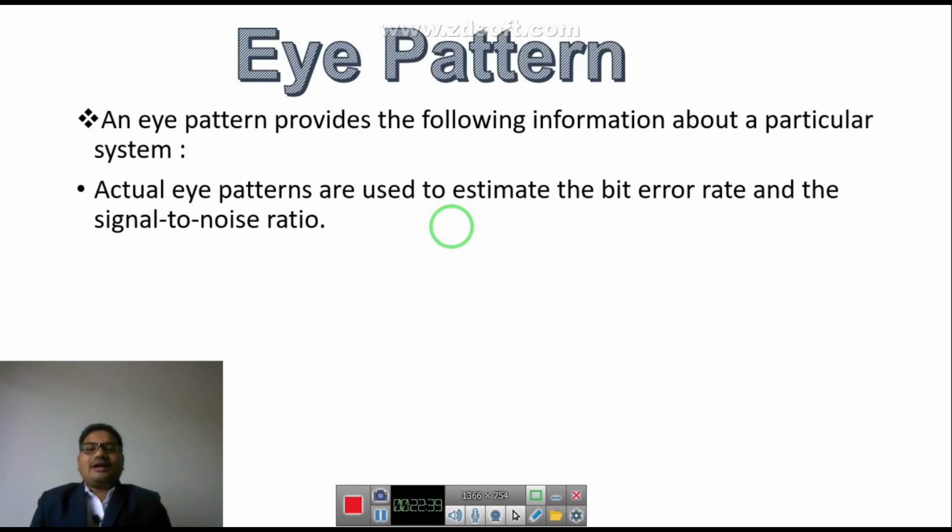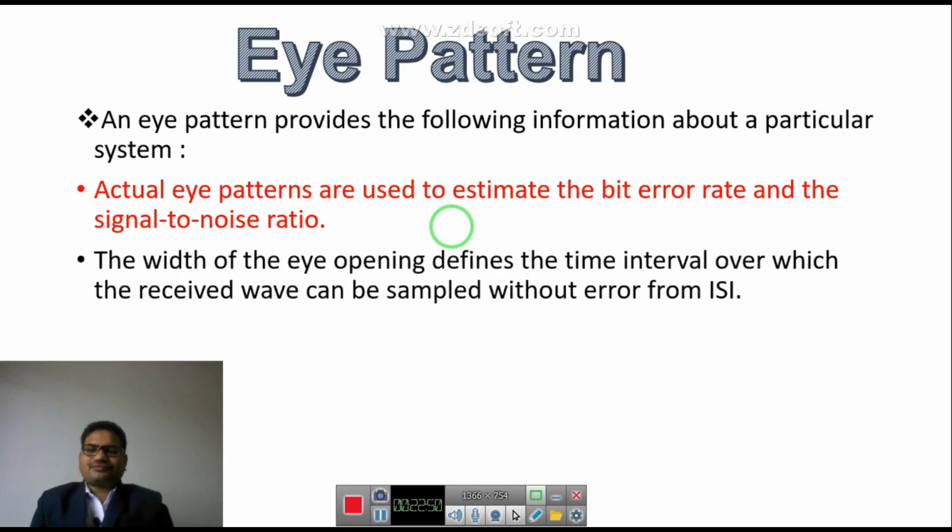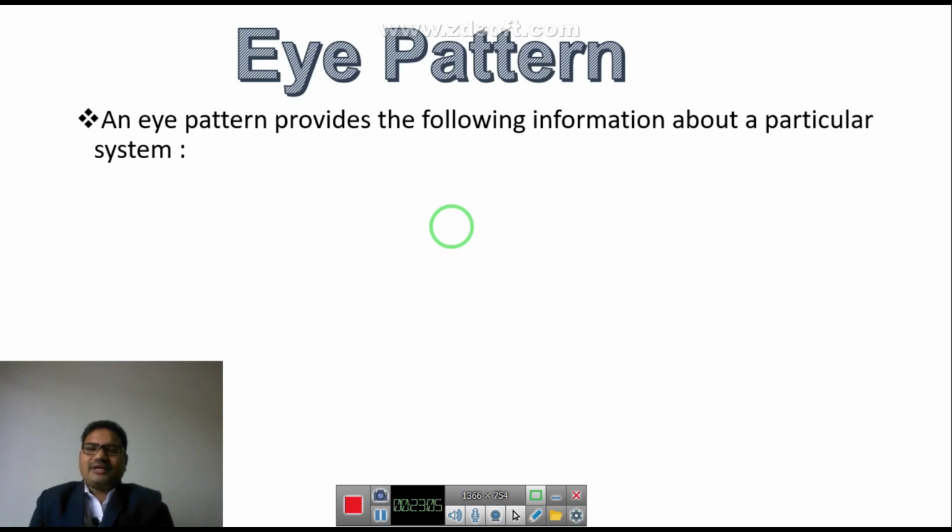Now what kind of information do we get from the eye? Actually, eye patterns are used to estimate the bit error rate and the signal to noise ratio. Also, the width of the eye opening defines the time interval over which the received wave can be sampled without error from the ISI.